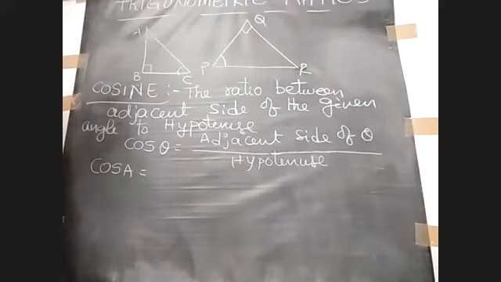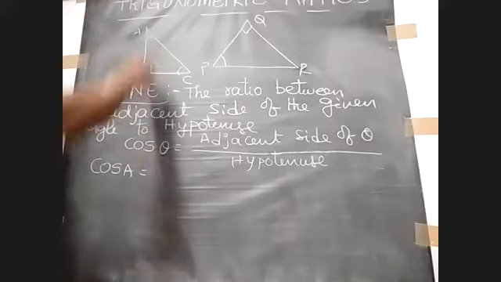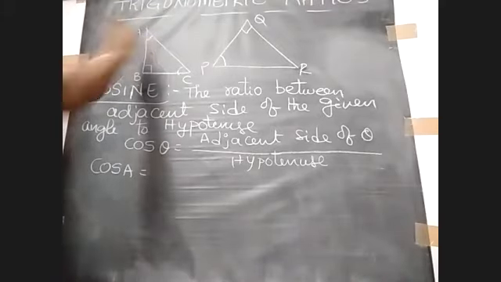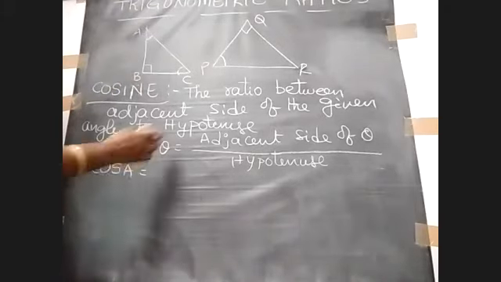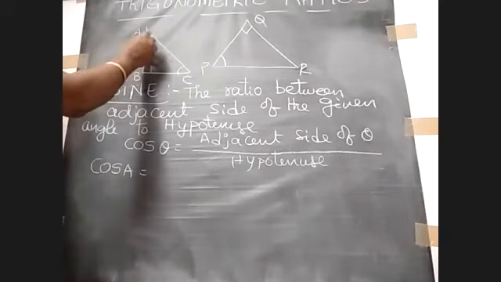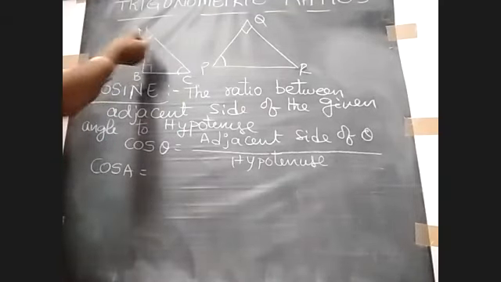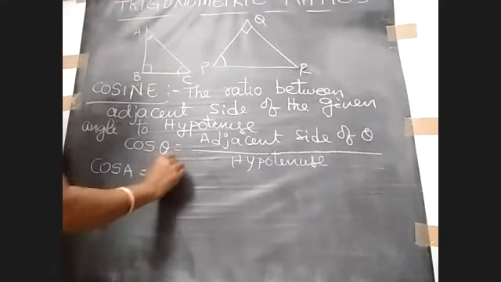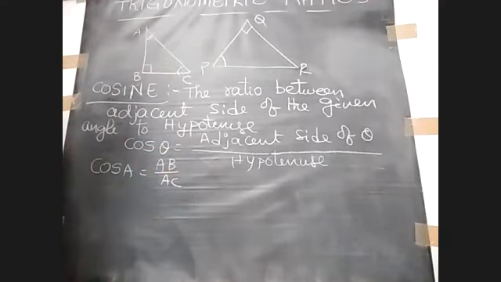AB by AC, ma'am. Okay, A means angle A here, and we have the formula, that is adjacent side of theta by hypotenuse. So the adjacent side to A is AB. AB by AC. Mute yourself.